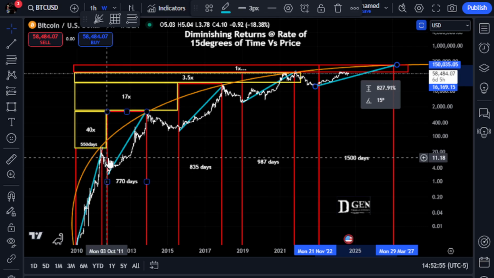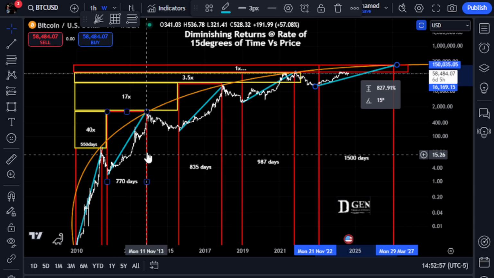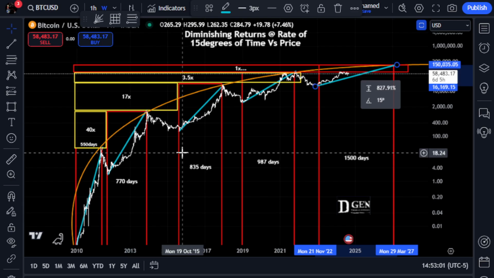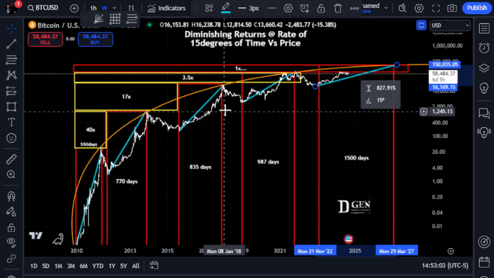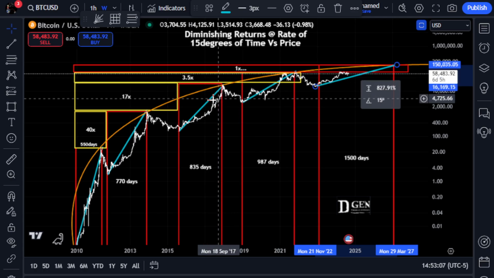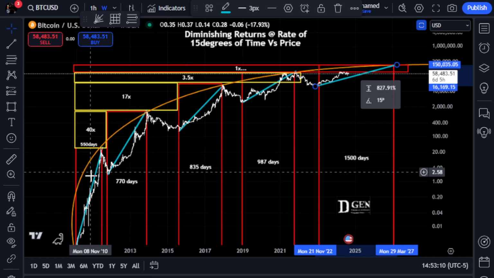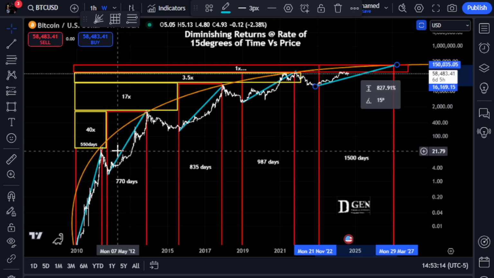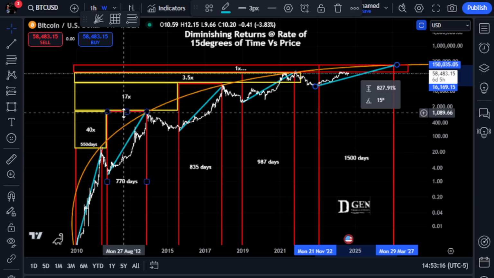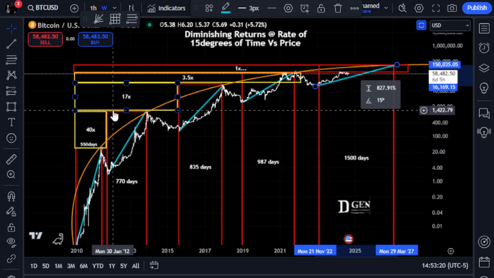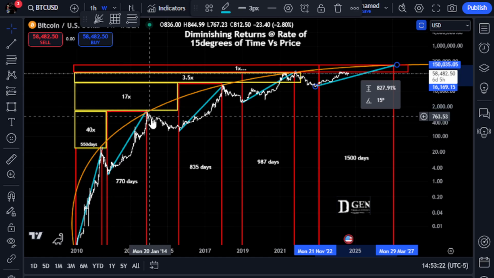Here we have about 770 days, approximately, from bull run low to bull run high. 835 days from bull run low to bull run high here. So here we've got about 200 days longer, and we went up 40x from this high at $30 to this high at about 1,500.